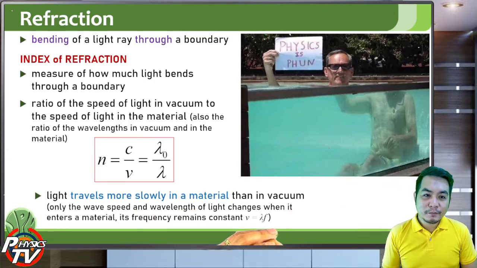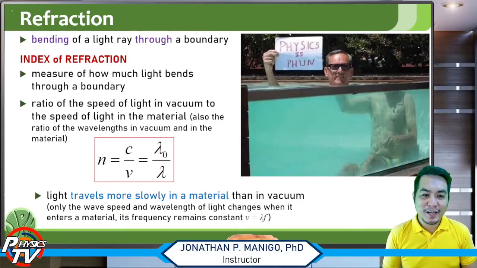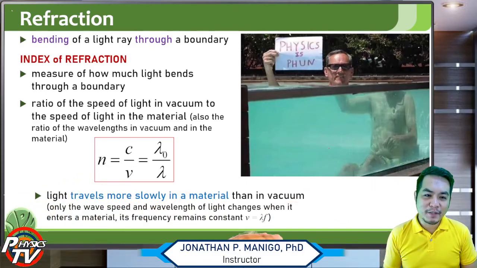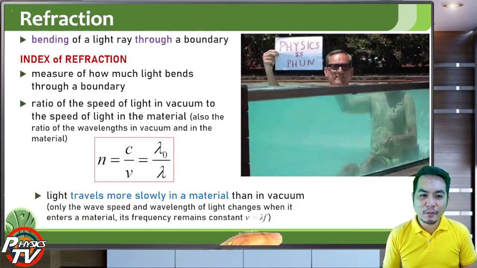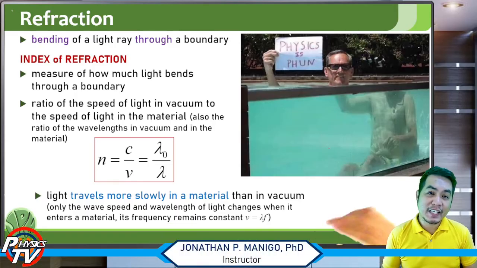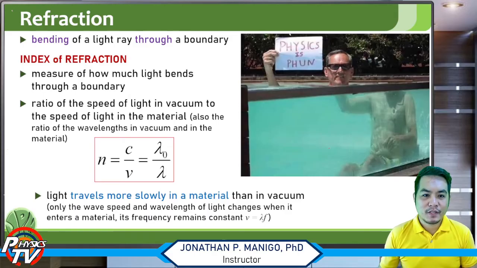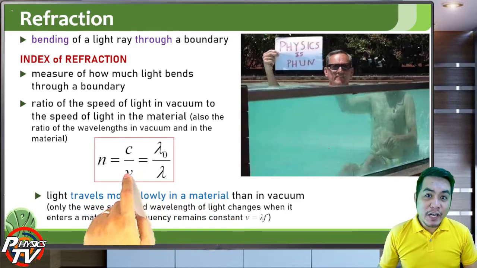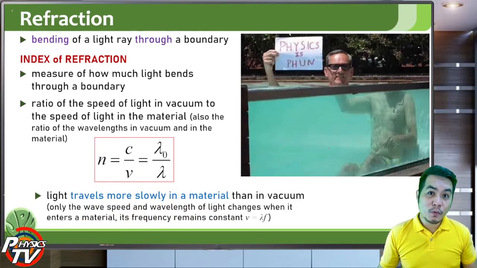So basically, a medium or a material is just a hindrance to light. So light travels more slowly in a material than in empty space or vacuum. In a material though, only the speed and the wavelength of light change, but its frequency remains the same. So when the speed of light in a material changes, its wavelength will also change.